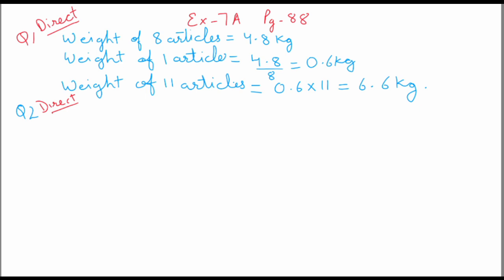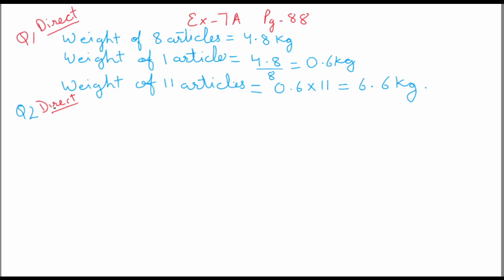But there is a little twist in this. They are saying 6 books weigh this much. How many books will weigh 3.150? So we have to keep the weight on the left side and books on the right side.